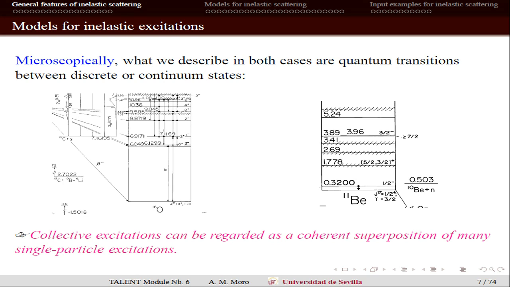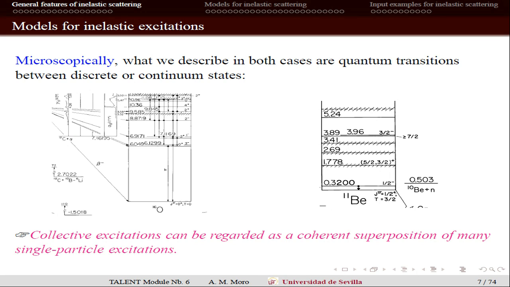The different models are just different ways of interpreting the nature of these levels. But physically, what we are describing are excitations between these levels, which can be more or less complicated, collective or single particle, but in practice this is what we are trying to describe: transitions between these discrete or continuum levels.